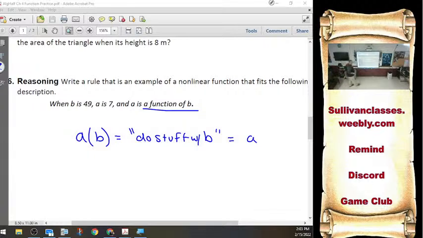Maybe that'd be a good thing to go back somewhere in your 4-6 notes and write that. If I say y is a function of x, this is my output, this is my input.